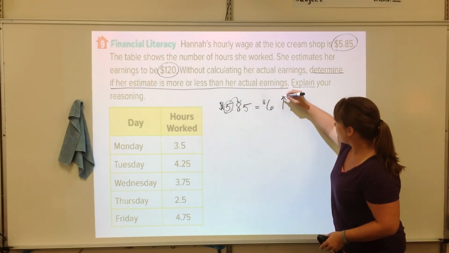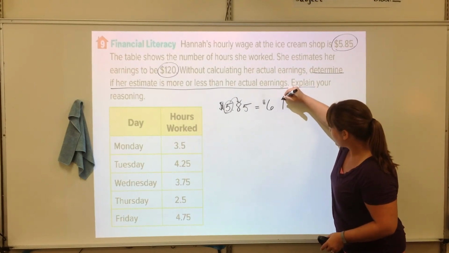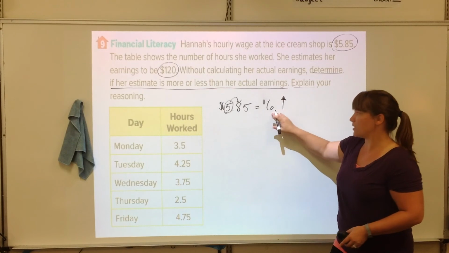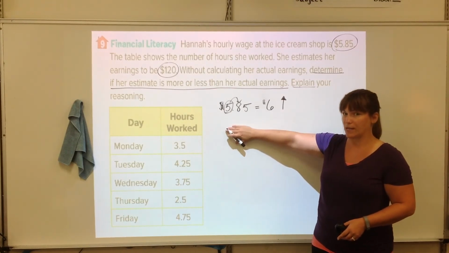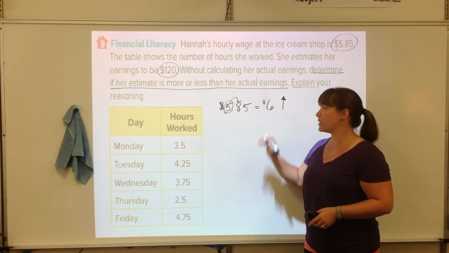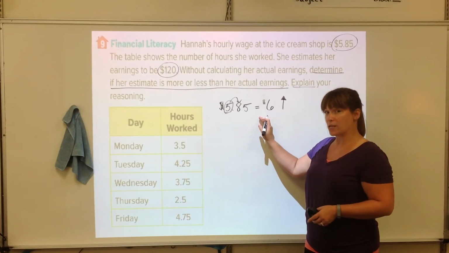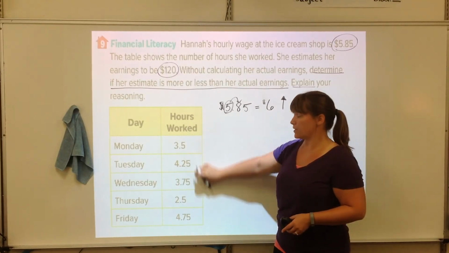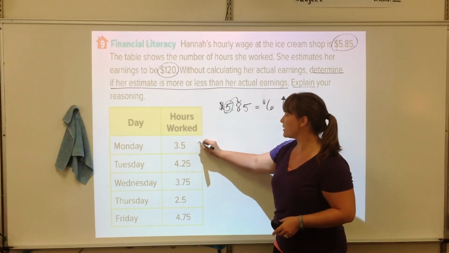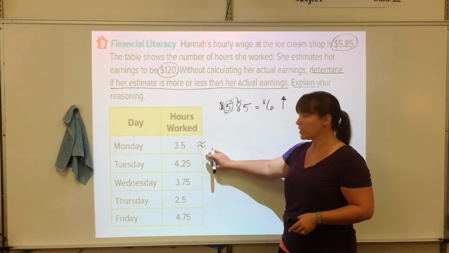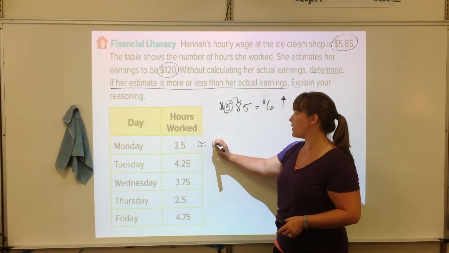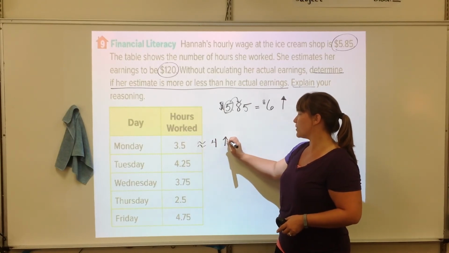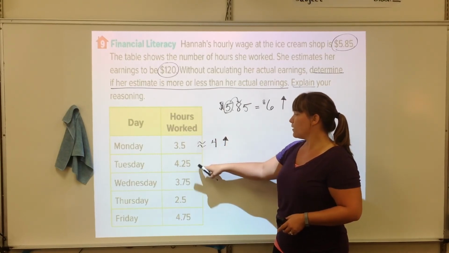We estimated up, so I'm going to draw an arrow reminding me that that's actually higher than what she's really making. Now I'm going to do the same thing that I did for her wage, her earning per hour for the table. So I'm estimating, so it's not exactly equal, but 3.5 I'm going to bump up to 4, and I'm going to draw an up arrow.